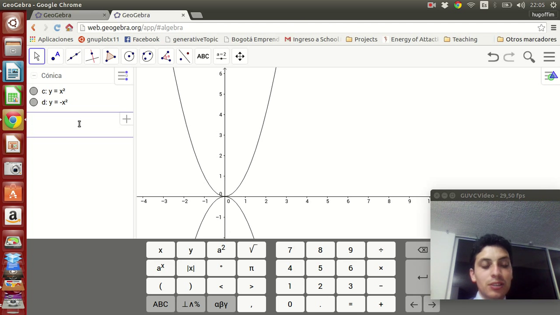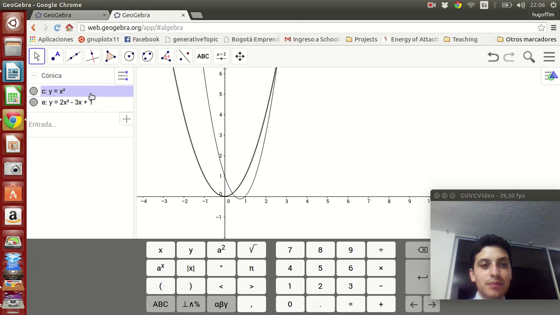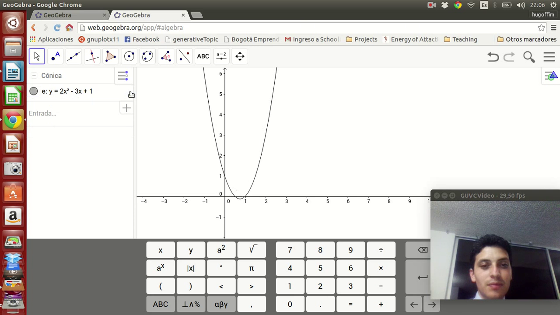Let's graph another quadratic equation. For example, y equals 2x squared minus 3x plus 1. Let's erase the other ones. As you can see in this graph, the axis of symmetry is not at x equals 0.